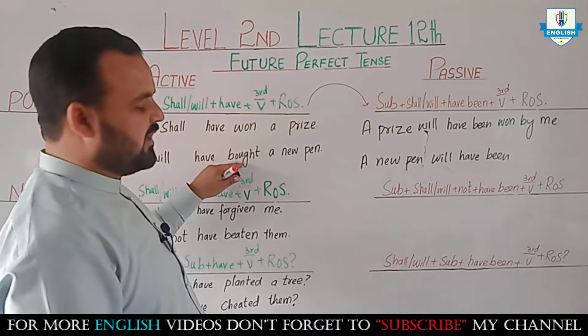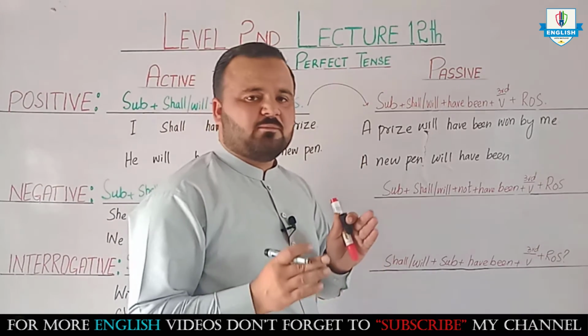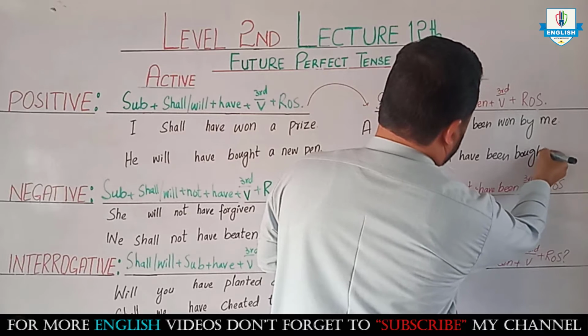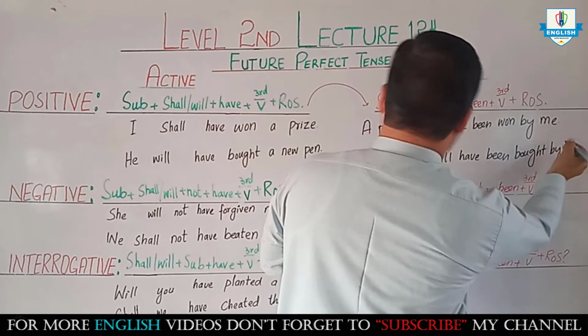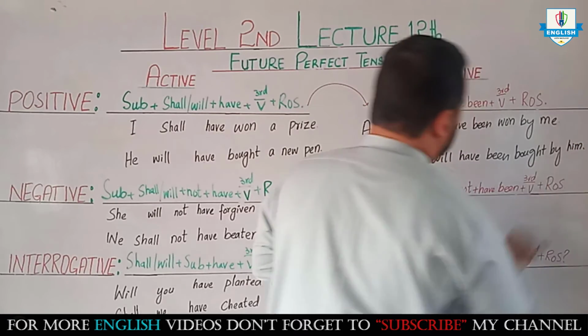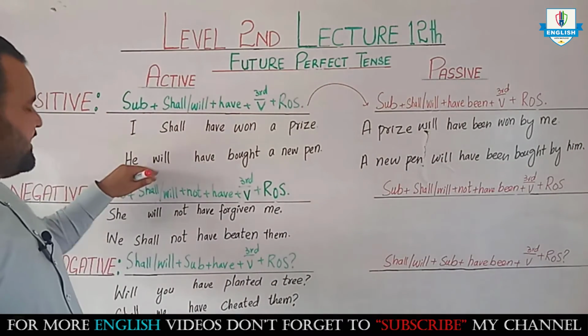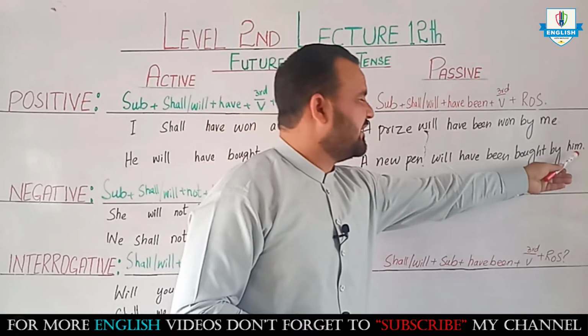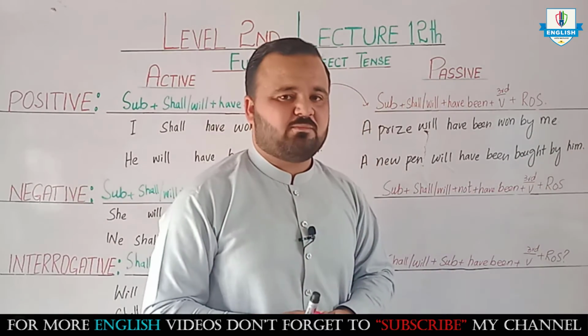Third form here, also third form will be in passive voice. The objective case of he is him, by him. By is the passive agent and him is the objective case of he.